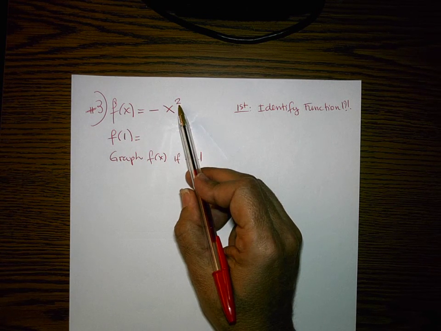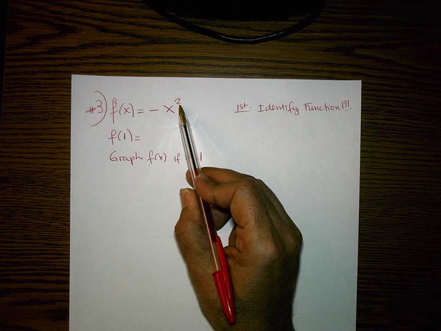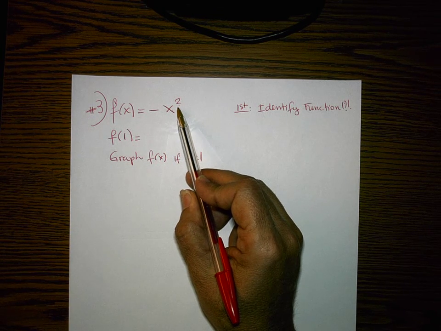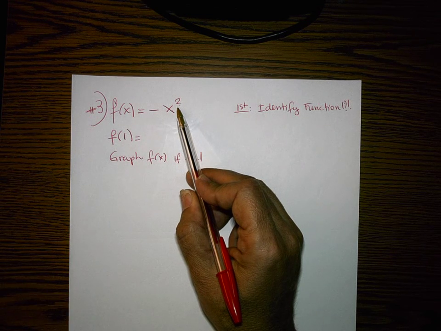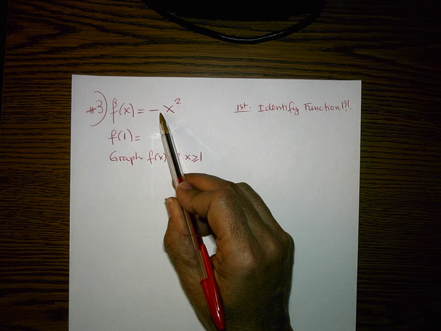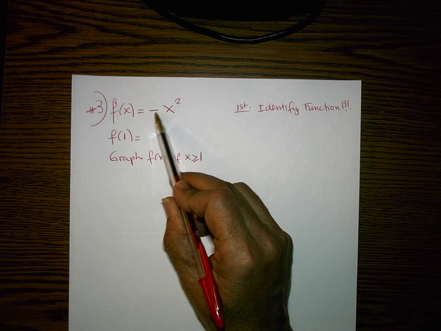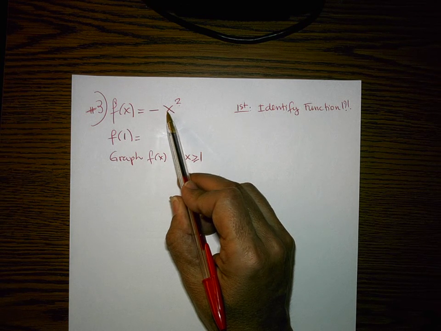Knowing that it's an x squared, I know this is going to be a parabola. In parabolas we look for the vertex and we look for a stretch. The stretch is the leading coefficient right in front of the x squared that tells me which way I'm going to open, and this is a negative one, so this parabola is going to open down.